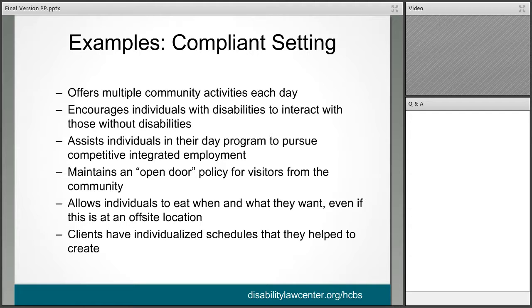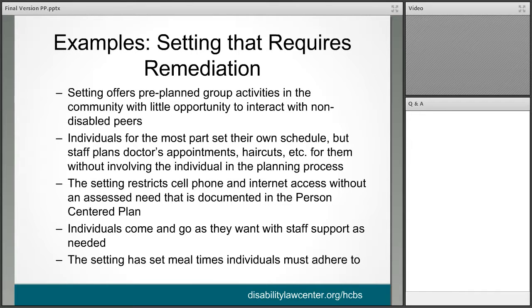And clients would have individualized schedules that they helped to create. So, essentially, if one person at a setting wanted to perhaps take a class at a fitness center and another individual wanted to go to a park, the setting would be able to accommodate both of those needs and desires, because the setting was so individualized.